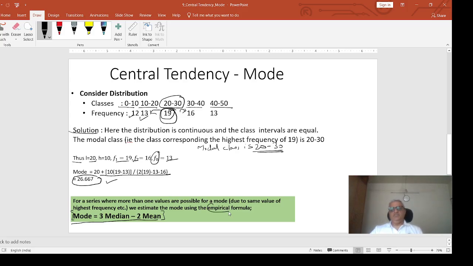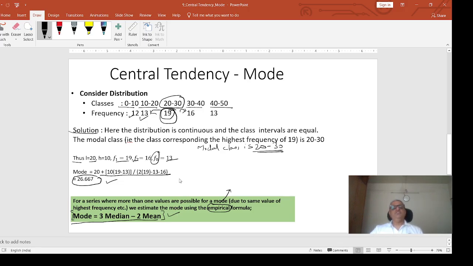Understand what an empirical formula is. Empirical is something which is not mathematically proven, but you would find this pattern. The pattern is noticed on different distributions studied by researchers, and they have come up with this empirical formula.